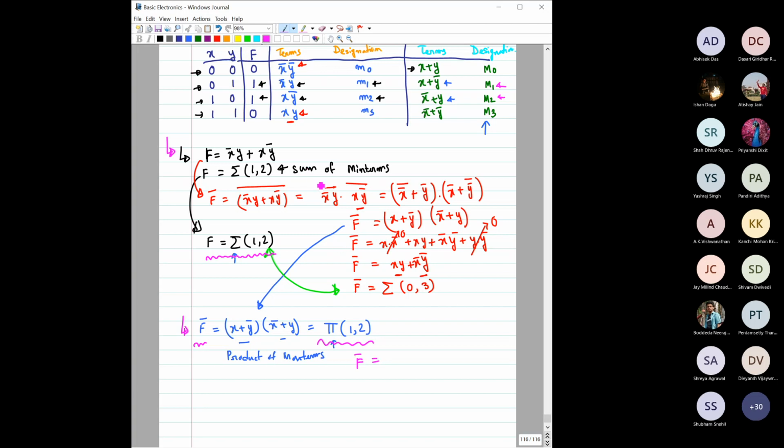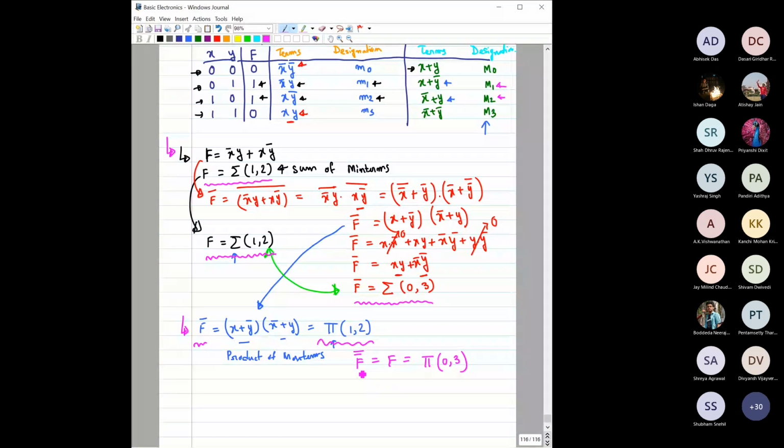Because we started from here: when f is in sum of min terms it is 1, 2, then f bar is the remaining terms, 0, 3. The same thing applies here. If f bar is Pi of 1, 2, then f bar of bar, which is equal to f, would be equal to Pi of 0, 3.